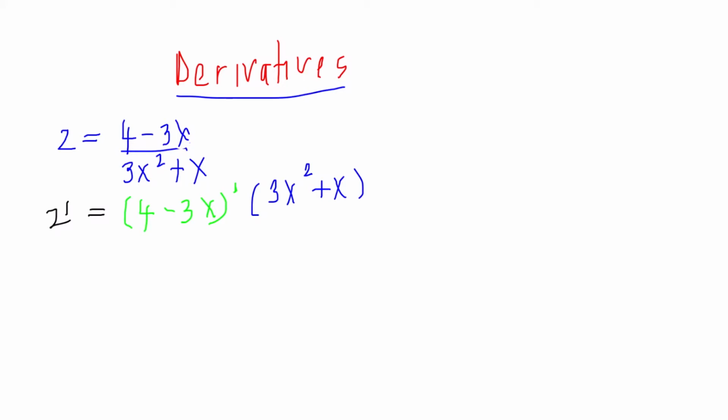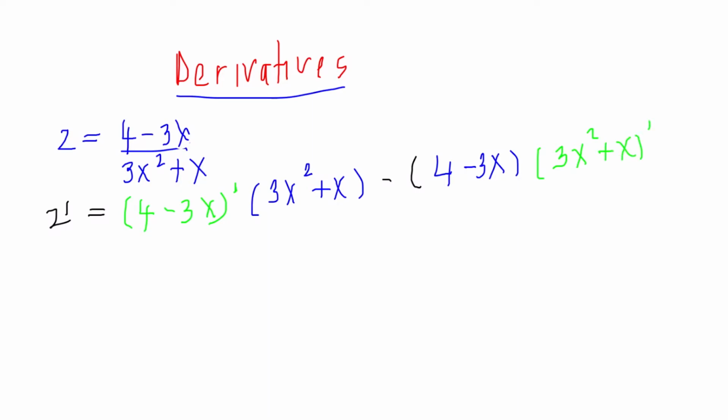And then I subtract that from the numerator function, which this time is not going to change, 4 minus 3x, multiplied with the derivative of the denominator function, 3x squared plus x.